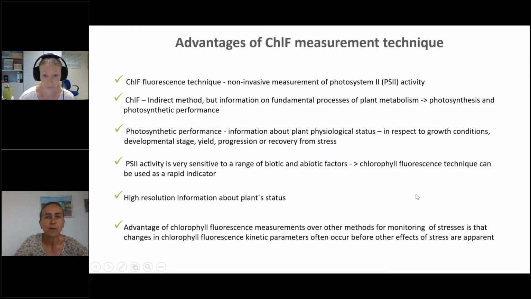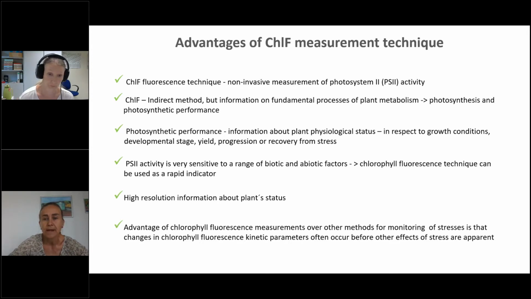So I think we heard enough about what chlorophyll fluorescence measurement actually is, and it was very nicely introduced. What I would like to remind and mention again is that with the chlorophyll fluorescence measurement technique, we get very detailed information about the photosynthetic performance of the plants, which is giving us very good information about the plant physiological status.